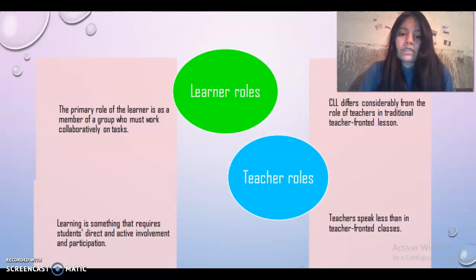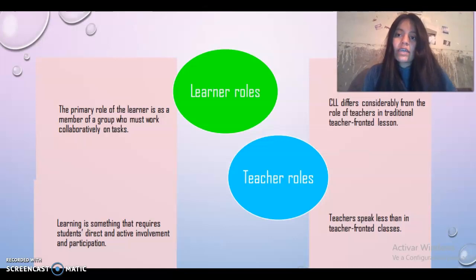Okay, now with the teacher role, it's important to mention that CLE differs considerably from the traditional methods, which are teacher-centered lessons. CLE is not focused on the teacher standing all day teaching something to the students.